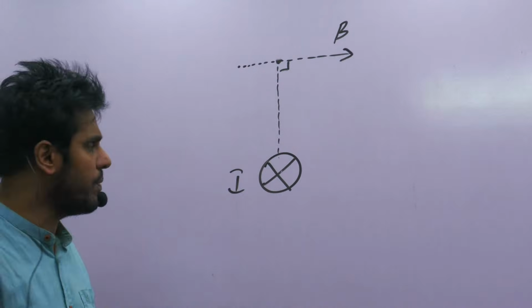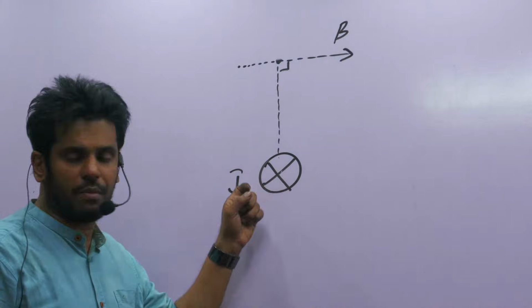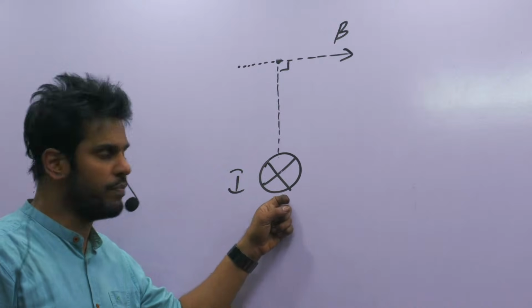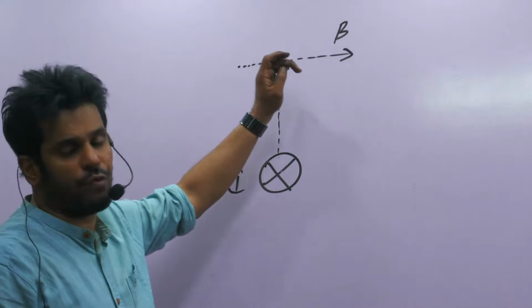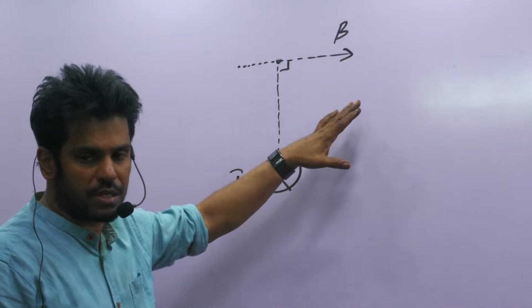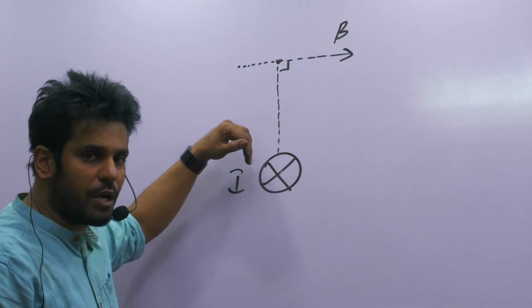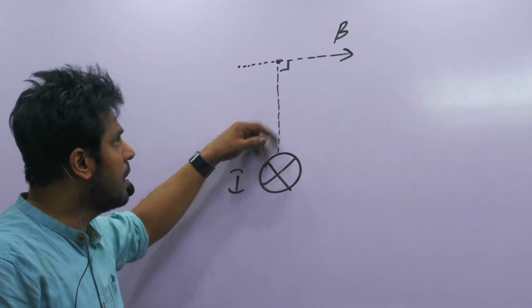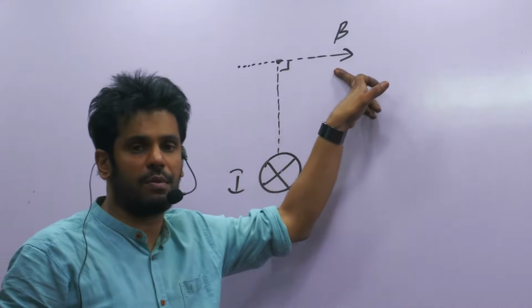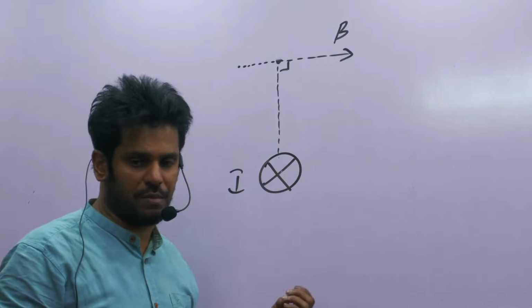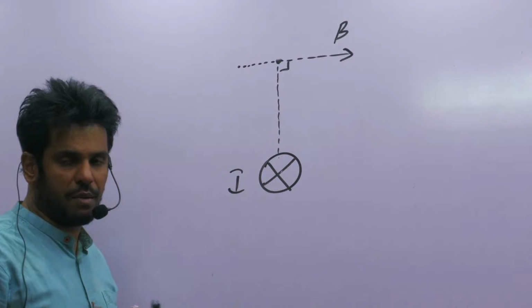This is the theorem. When the current is given by an arrow mark, the direction of the magnetic field is given by dot or plus. When the direction of current is given by dot or plus, the direction of the magnetic field is given by an arrow mark. That is very easy. Next example.